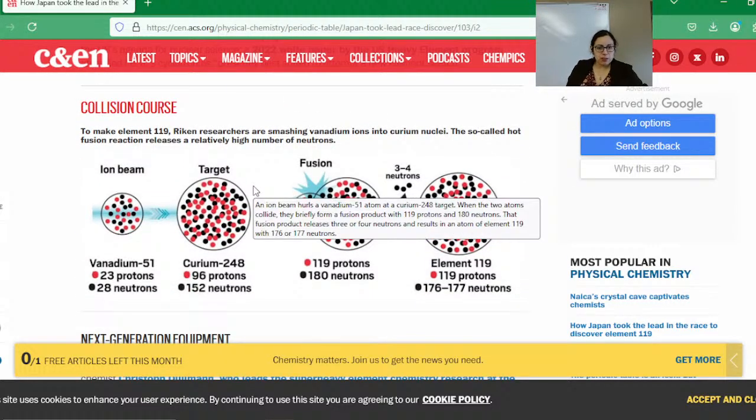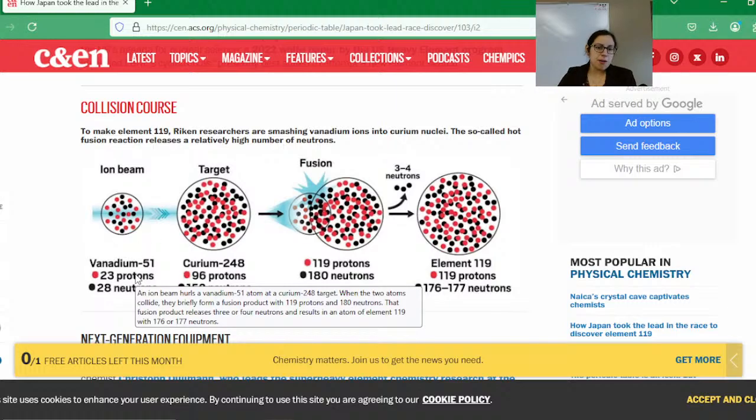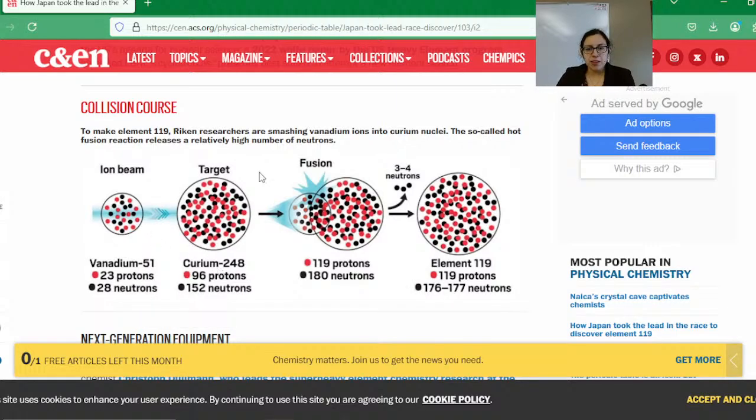Obviously this is also different than what we're about to talk about. This is fusion, where you're trying to take lighter elements and make heavier ones. They go into some of the things they're trying. Apparently the Riken researchers, that's the Japanese team, have been trying to bombard vanadium and curium together, which equals, of course, 119 protons in theory.